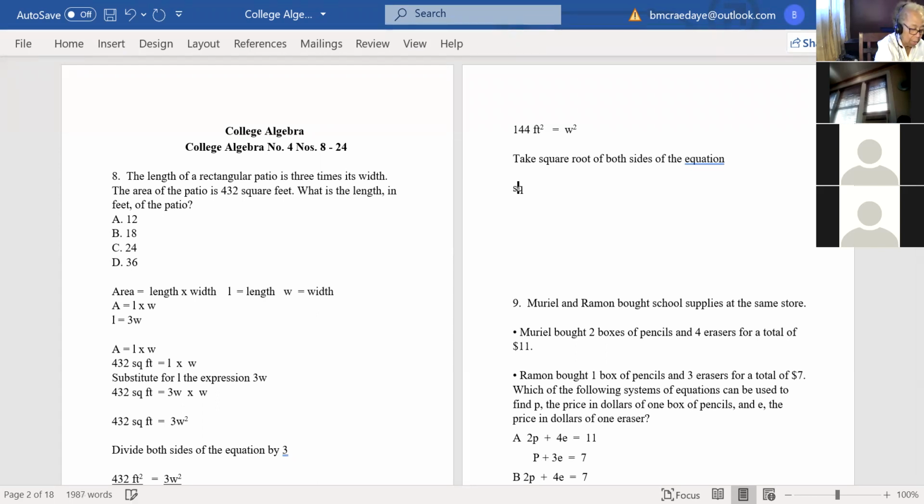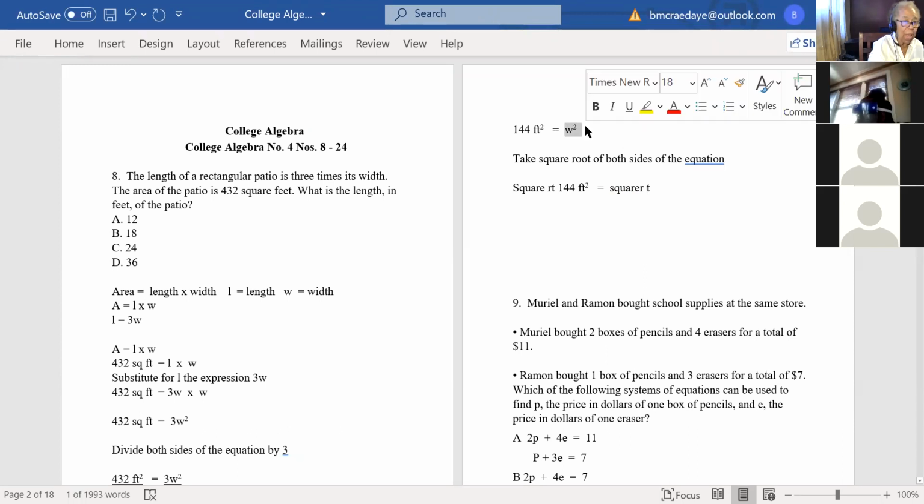Okay, square root of this side. So we put square root 144 equal, and we do the square root of the W square. Just copy the W square.